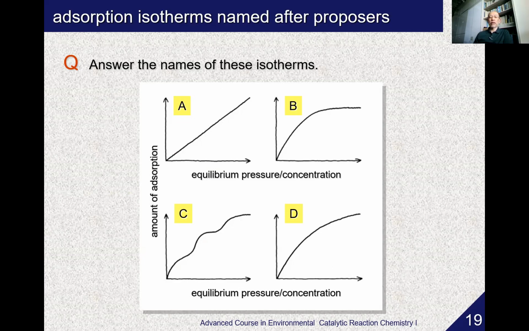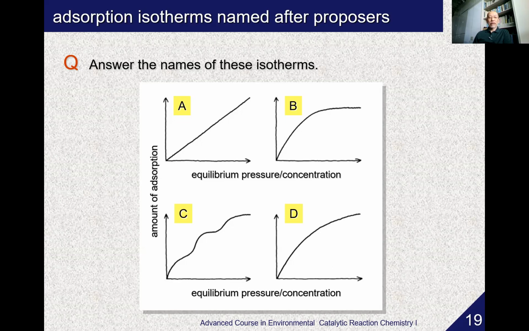If the pressure or concentration of adsorbate is changed, how the amount of adsorption is changed. And there are at least four types of those isotherms, dependence of adsorption on concentration or pressure of adsorbate. Those typical four isotherms are named.